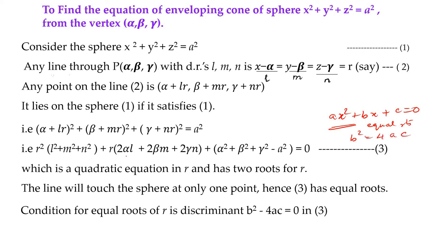So this is also in that format. In the place of a you have this, in the place of b you have this, in the place of c you have this.